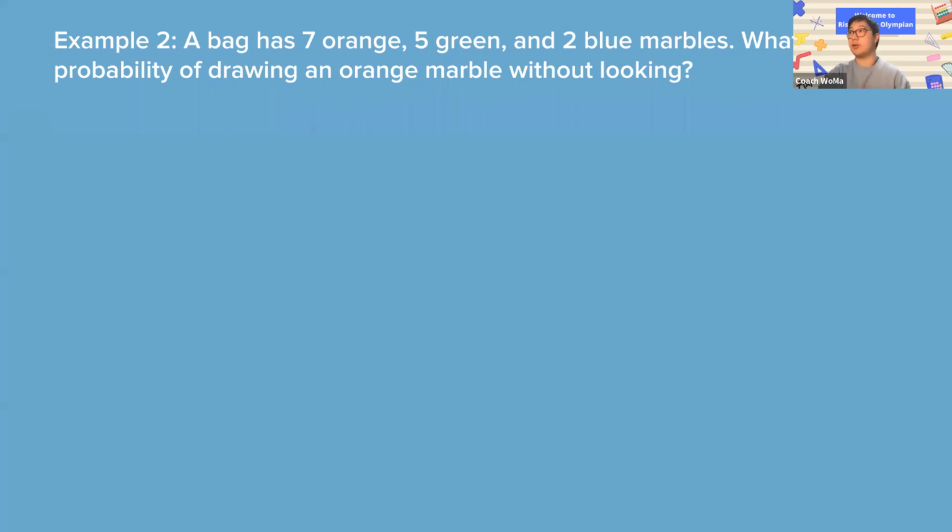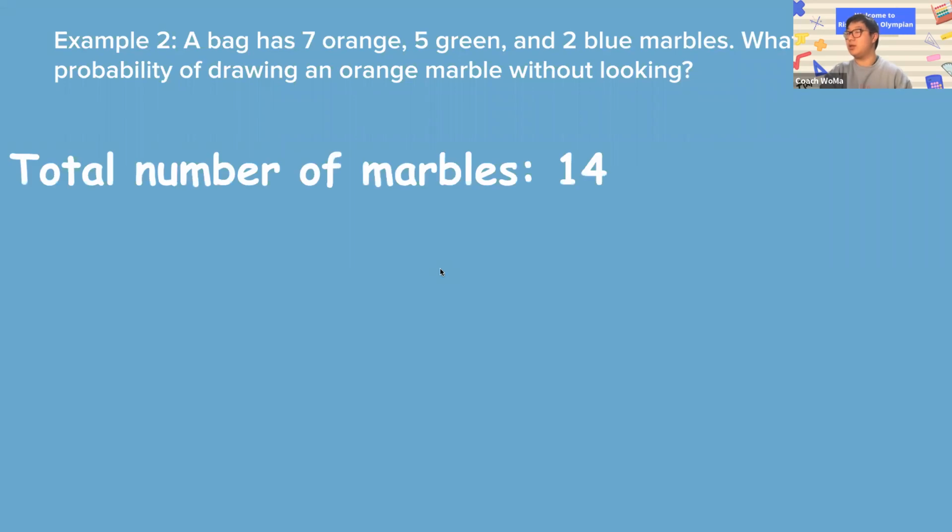All right, so let's start going over this. So for this problem, the big part of probability is to figure out how many possibilities you are interested in versus how many total possibilities there are. So in this case, there are 14 equally likely marbles that we can take, right?